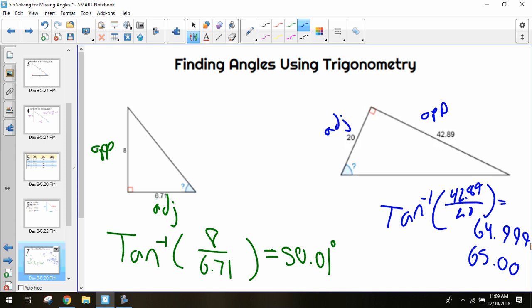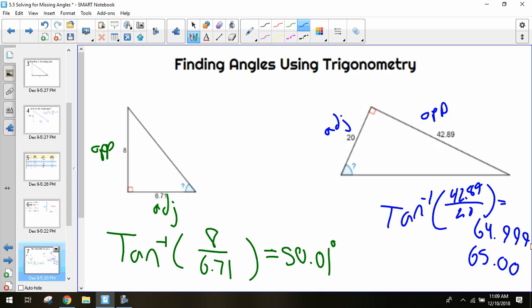If these calculators get reset, they just automatically change. That's why they sometimes come up that way. Sometimes they use radians, like in Algebra 2, so you sometimes just have to watch. We should have gotten 64.999, or 65 degrees.